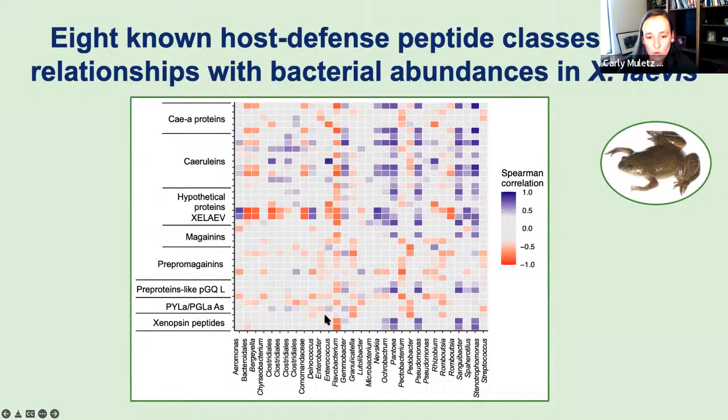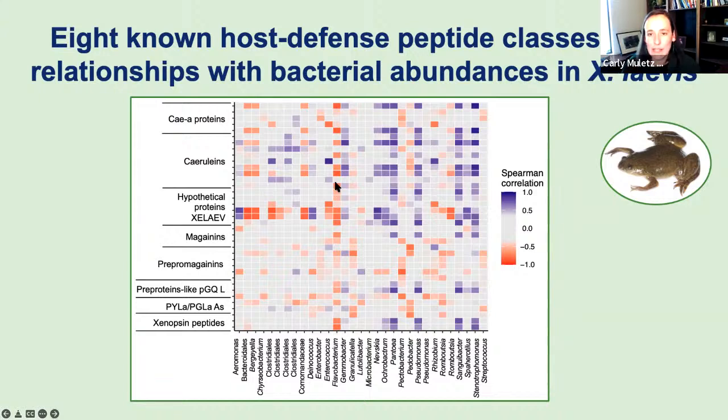And what's really cool to me that pulls out is the bacteria generally show the same trend to all of the host defense peptides. So say, for instance, Flavobacterium here in the middle, which is the orange line going up, you can see it has all negative correlations when there is a correlation with the host defense peptides.